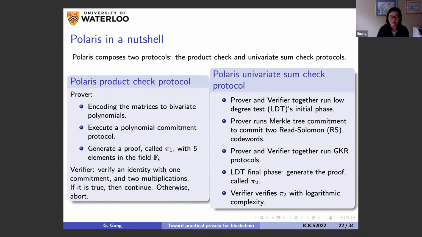Then we generate the proof, and in this case the verifier will verify this. If it is true, then we continue to the second protocol. The second protocol involves three sub-protocols. First, the prover and the verifier together run the low degree test, which is the initial phase. After that, they run Merkle tree commitment schemes to commit two Reed-Solomon codewords. And third, they together run the GKR protocol. Then in the final phase, they generate the proof, and then they do the verification.